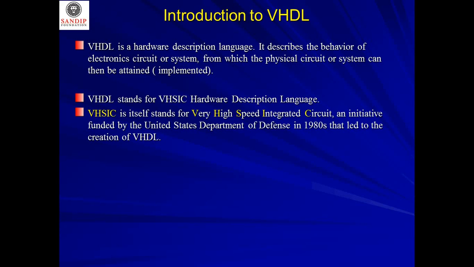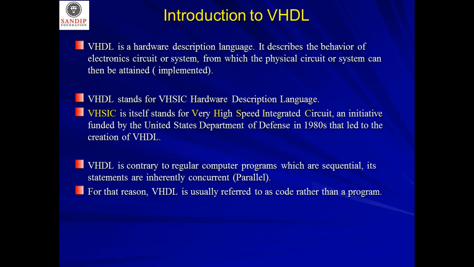The name VHDL stands for VHSIC HDL, meaning VHSIC hardware description language. VHSIC stands for Very High Speed Integrated Circuit, which is an initiative funded by the US Department of Defense in 1980, which led to creation of VHDL.